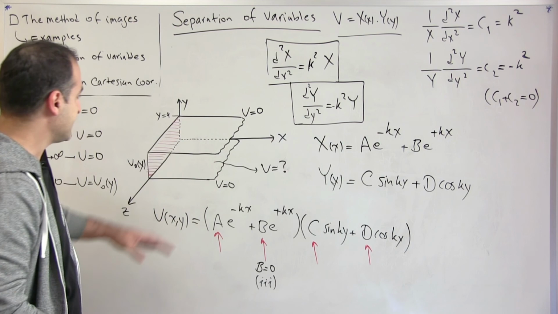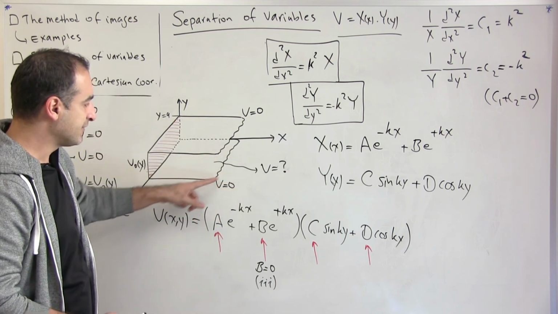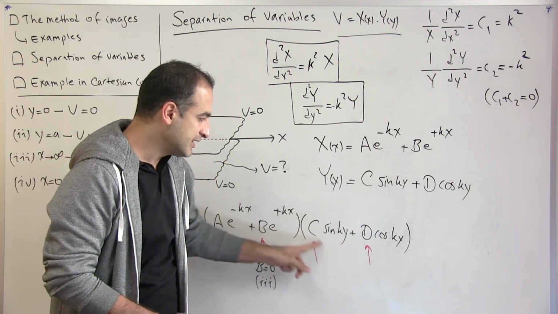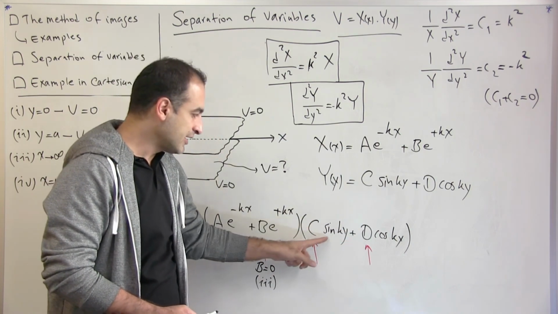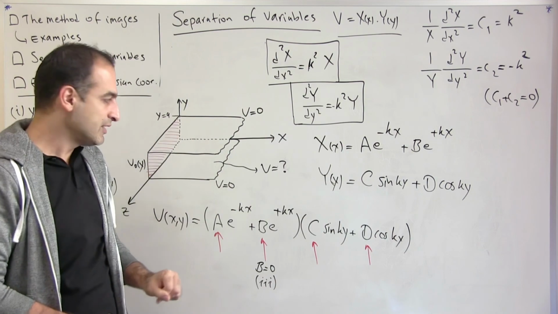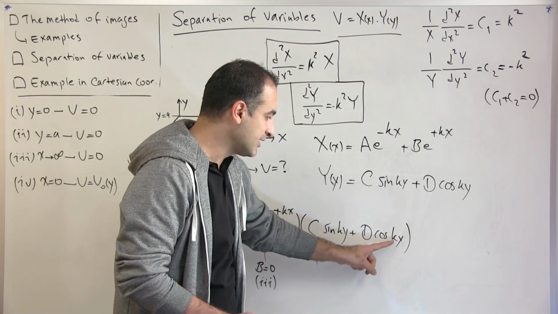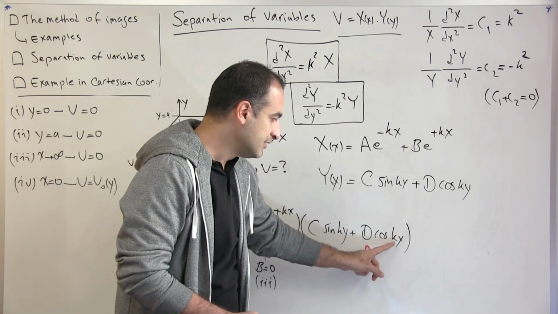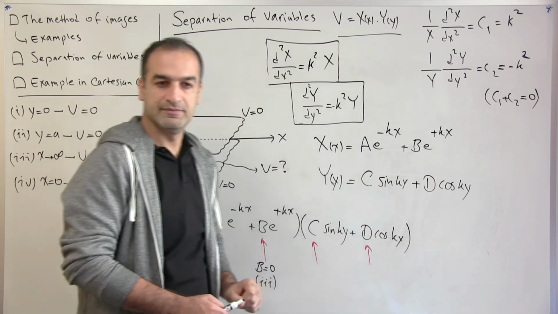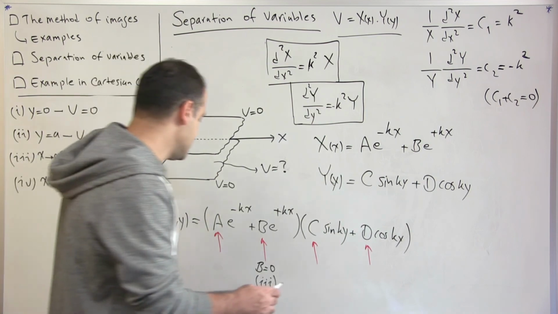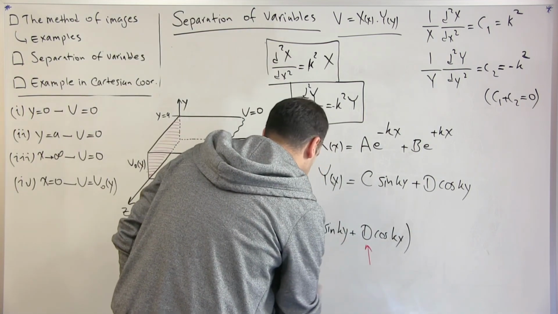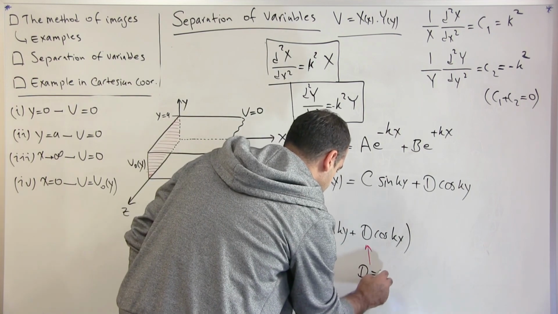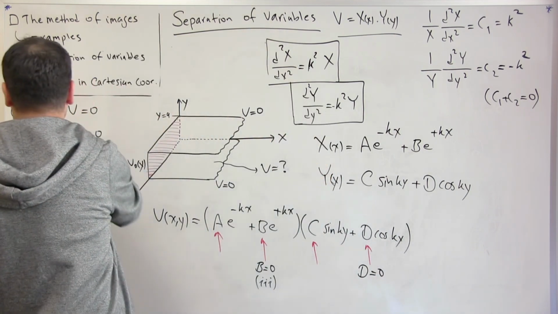At y equals 0, if you want the potential to be 0, the sine ky already meets that condition. Sine of 0 is always 0. What about cosine of ky? At 0, it becomes cosine of 0, and that is 1. We don't like that. We want it to become 0 at y equals 0. So D must be 0 as well because of boundary condition number 1.